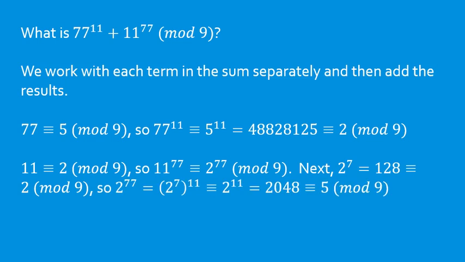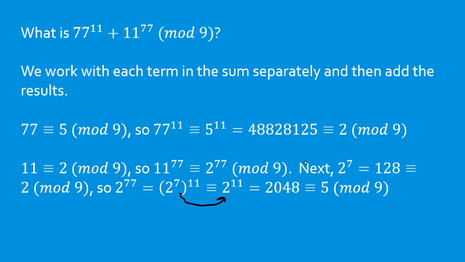So 2 to the 77th is equal to 2 to the 7th raised to the 11th. And we said that the 2 to the 7th was congruent to 2. So 2 to the 77th is congruent to 2 to the 11th, mod 9. 2 to the 11th you can plug into your calculator, and you get 2048. Take that mod 9, and you get 5.